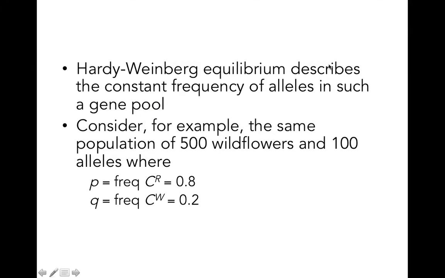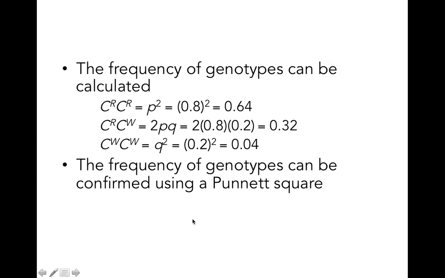So Hardy-Weinberg equilibrium describes constant frequency of alleles in a gene pool. So if we had a population of 500 wildflowers and 1,000 alleles, where these are our frequencies, we can calculate what the genotype frequency will be. The frequency of CR CR is going to be the value of P squared, or 0.8 squared, which gives us 0.64.